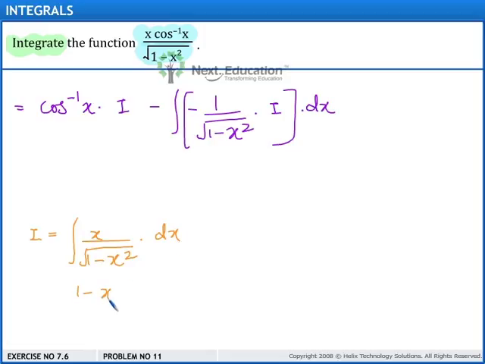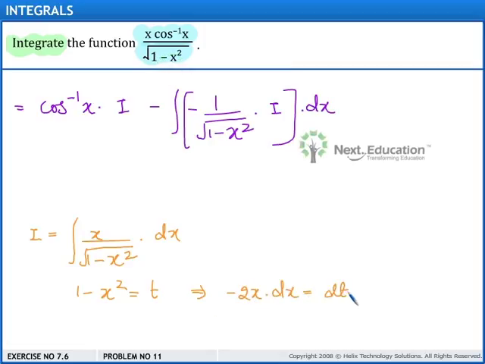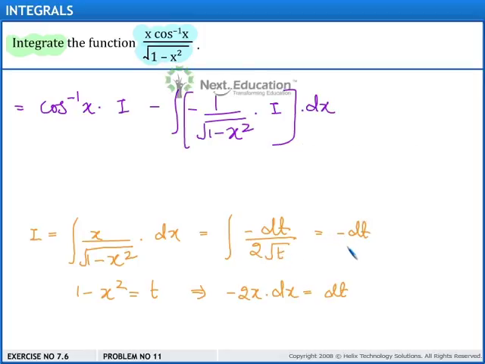First let us suppose that 1 minus x square is equal to t. So on differentiating both sides with respect to x, we get minus 2x into dx is equal to dt. So this can be written as integral of minus dt divided by 2 into square root of t, that is integral of minus dt divided by 2 into t raised to the power minus half.